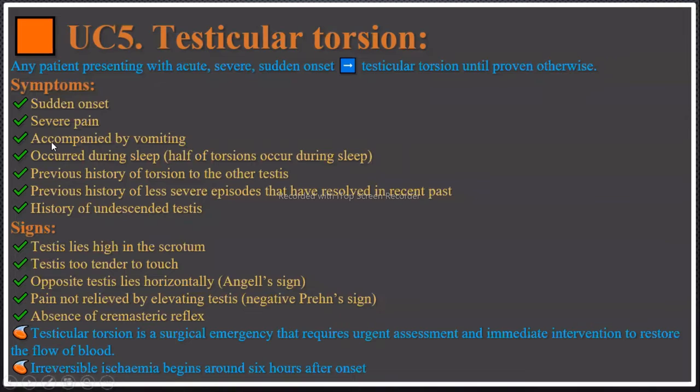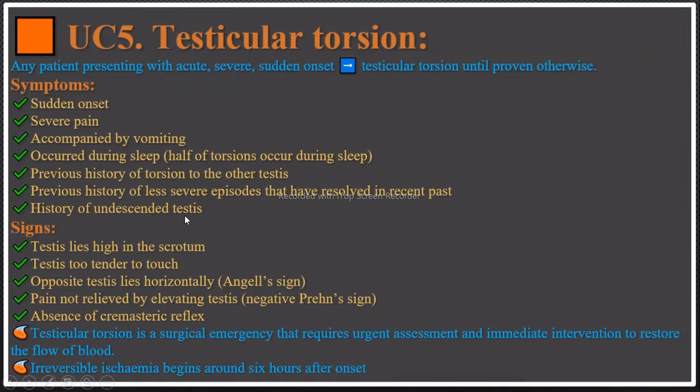Symptoms in the scenario: sudden onset, severe pain, maybe vomiting, maybe occurring during sleeping, maybe during playing football. Half of torsions occur during sleeping. Previous history of torsion to the other testis, previous history of less severe episodes that have resolved in the recent past.